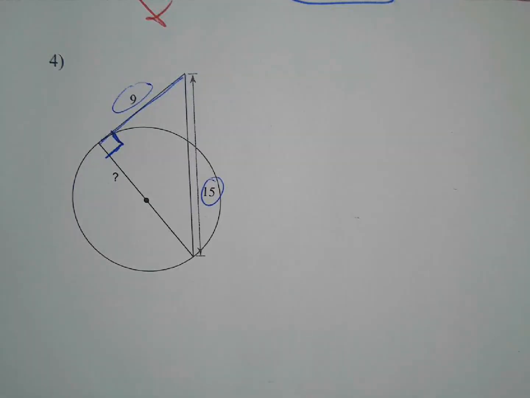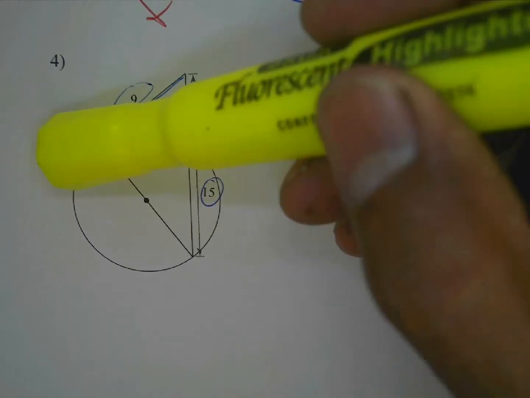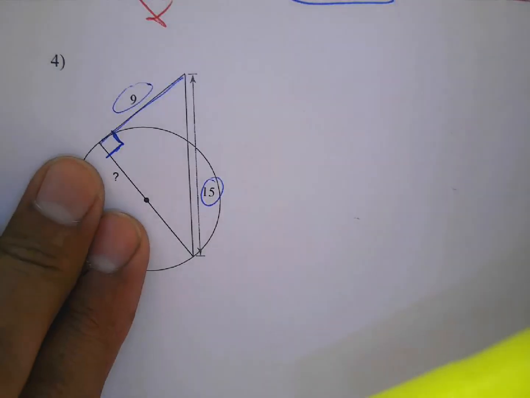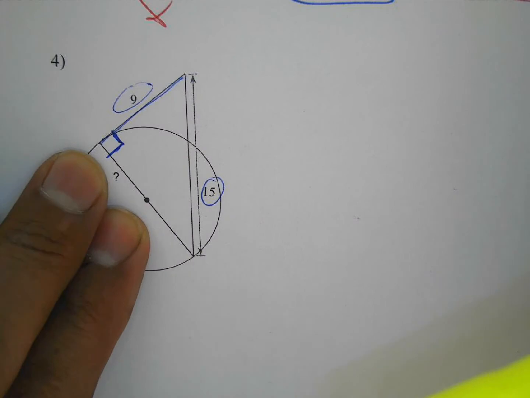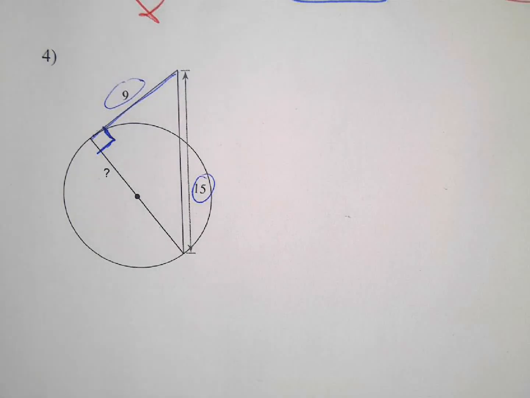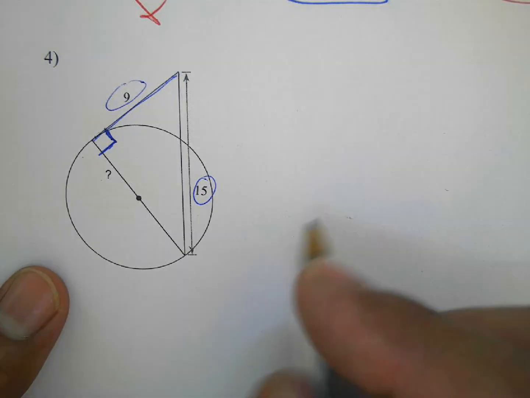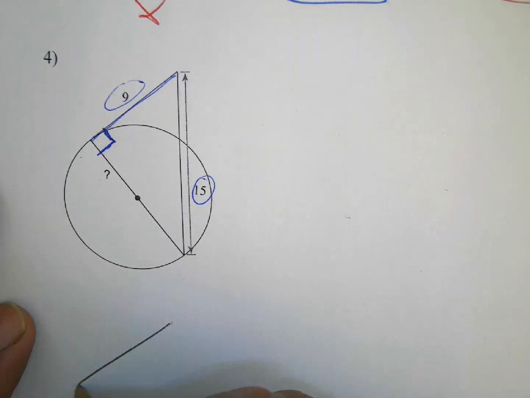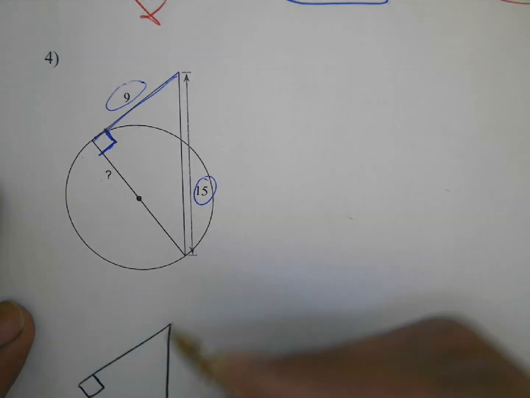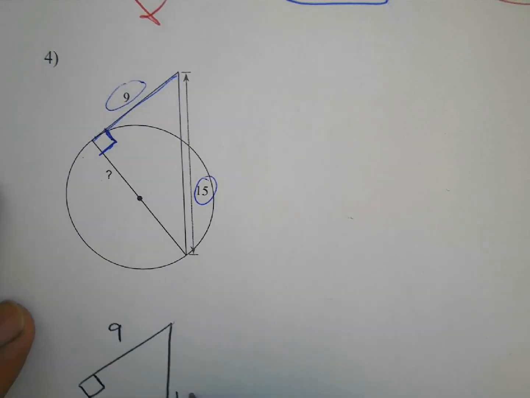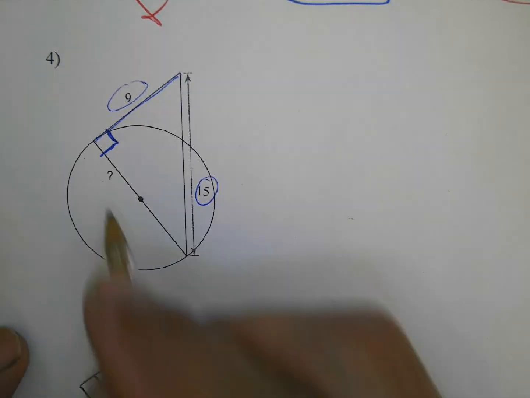Okay, so notice that again, they're not asking you for this whole side, they're just asking you for a section of it, a segment of it. Okay, we'll get back to that. Right now, you're not worrying about that. Right now, you're just going to worry about getting that whole side length. So if I look at this right triangle here, I know that's 9, I know that's 15, and I'm trying to find the whole side right now.